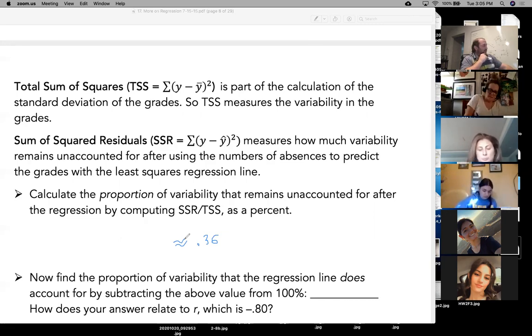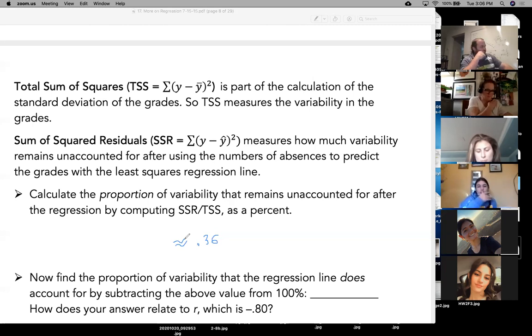What do you think that means, 0.36? Let's think about that. Is that number familiar in any way for this problem? Does that have something to do with how far away from the average? No, let's not worry about that.